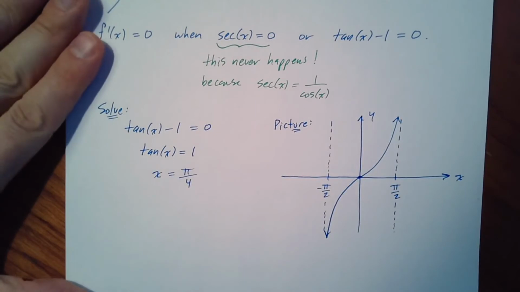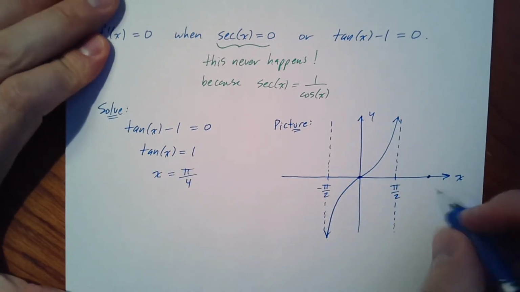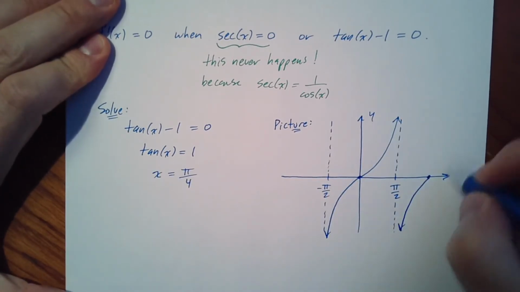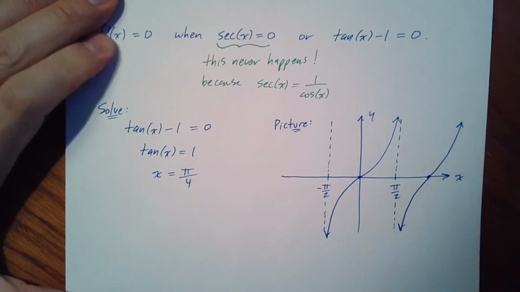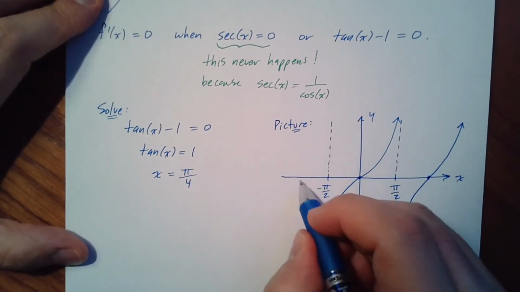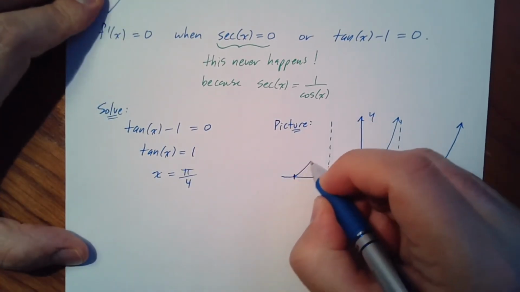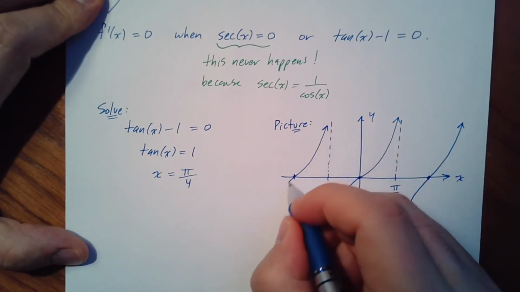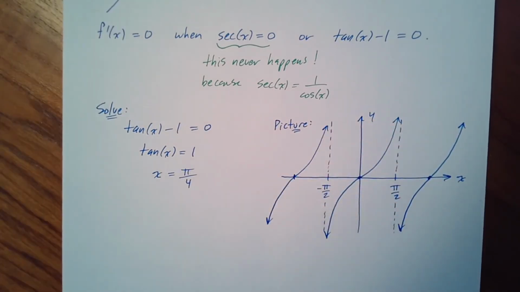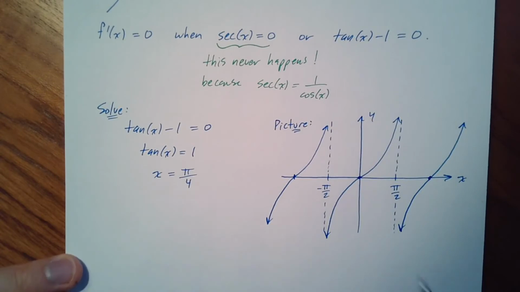So this is the fundamental wave, but it also repeats out here, and it just repeats on and on in either direction. I won't draw every single asymptote.